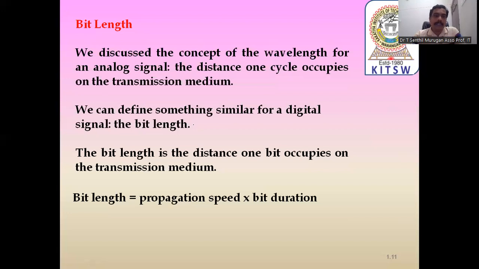So similar to that, for a digital signal it is bit length. Bit length is the distance one bit occupies on the transmission medium. How much time or duration it will take in the transmission medium, that is bit length. How can we calculate it? Bit length equals propagation speed into bit duration.